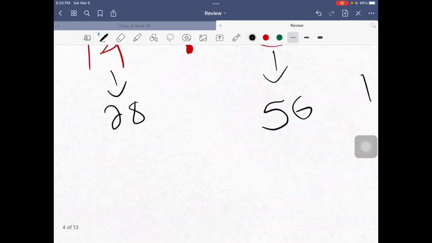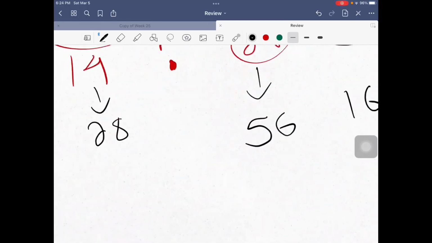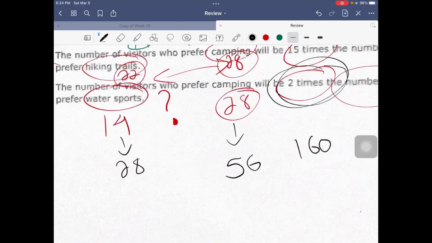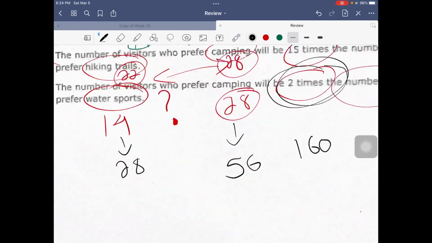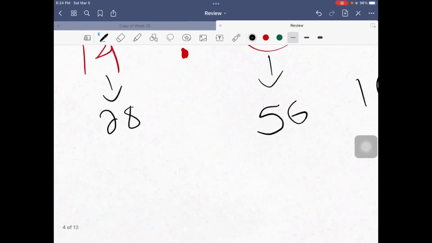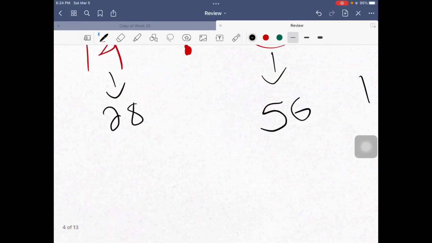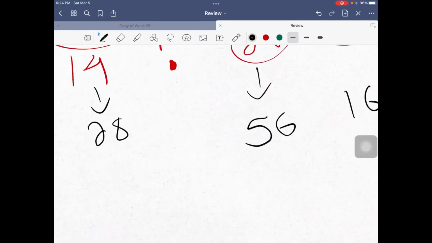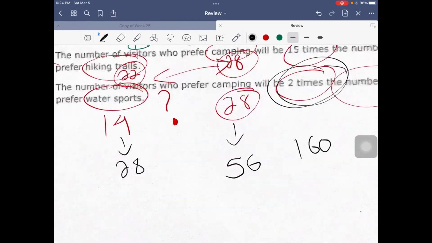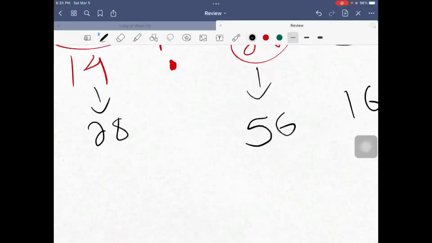If it isn't this, if it's 57, 48, not 56 people that prefer hiking trails, then this is wrong because it needs to be exactly 8 more than. And in this one, there's a lot of numbers that fit the category of being 2 times more. And it can keep going. So this one would be the most important. And this is the end of video 1.